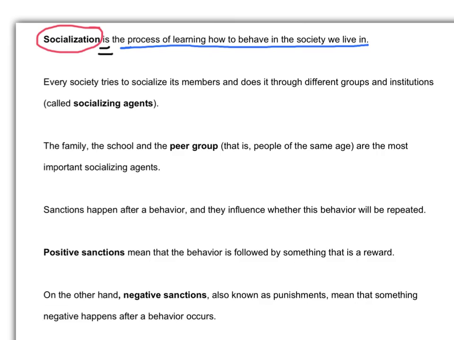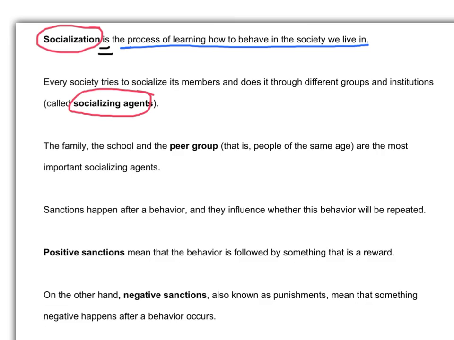Okay, let's look at the next example. The next example says, every society tries to socialize its members and does it through different groups and institutions, called socializing agents. The key term in this case is at the back of the sentence, socializing agents.